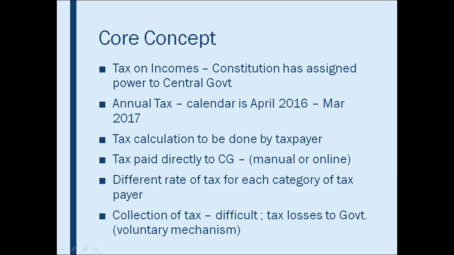Now compare the income tax with, let's say, some other tax, like sales tax. The collection is relatively easy because anybody who purchases any product, the sales tax is a part of the price itself.